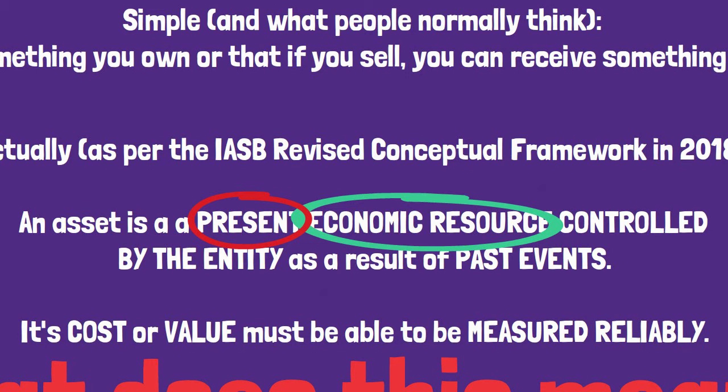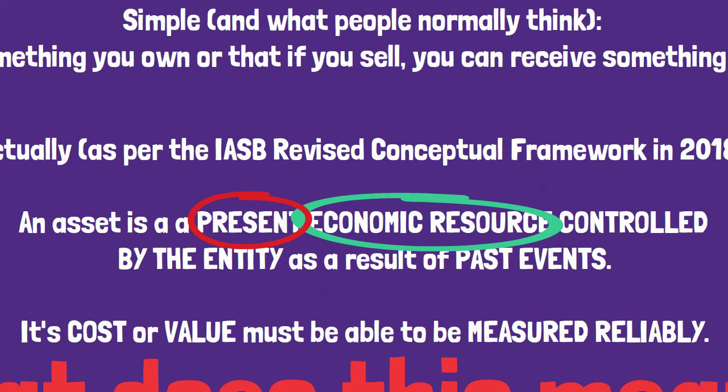Well, it's there because it has to be an item or an economic resource that we have access to right now. If it is something that we are going to get in the future and there's no corresponding liability that exists for it, then by including it within our balance sheet or statement of financial position, we may be grossing it up.